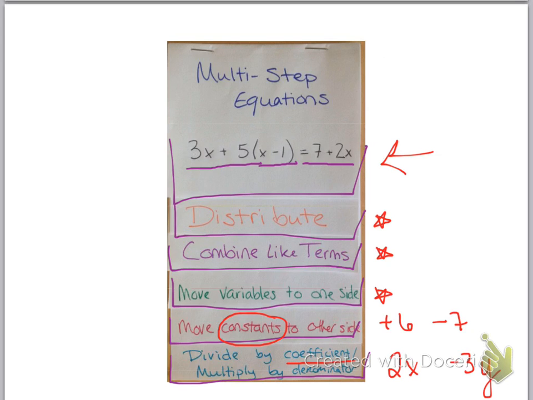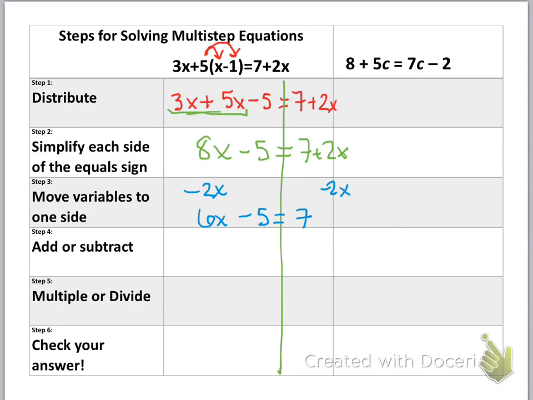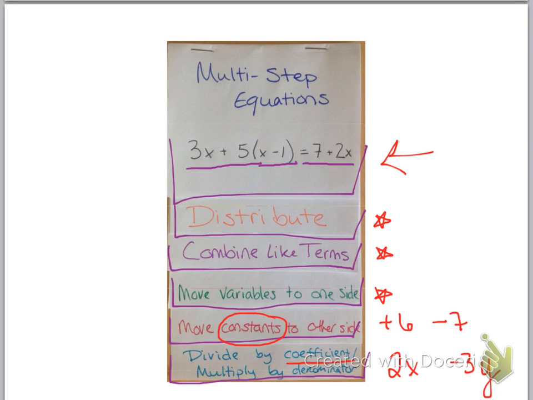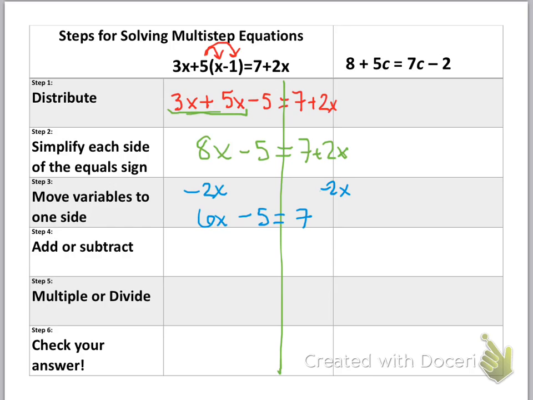Step 4, move constants to the other side. Is the adding or the subtracting. So this right here is my constant. To move it to the other side, I do the opposite operation. I'm adding 5. That leaves me with 6x equals 12.